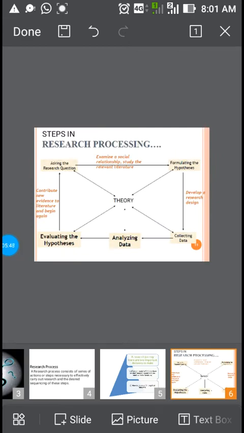So here we can see the series of steps in the research process, which starts with asking the research question. As I just told, it involves collection of data from the primary and secondary sources.